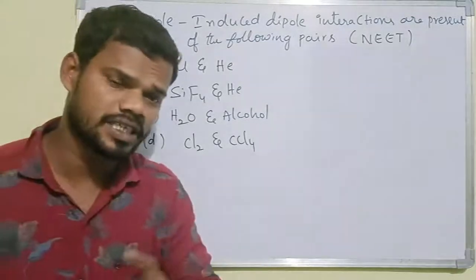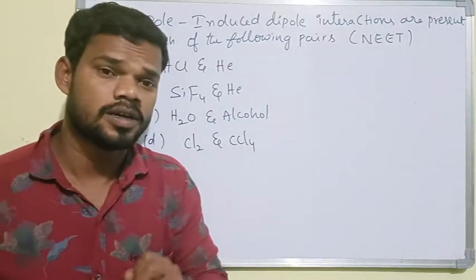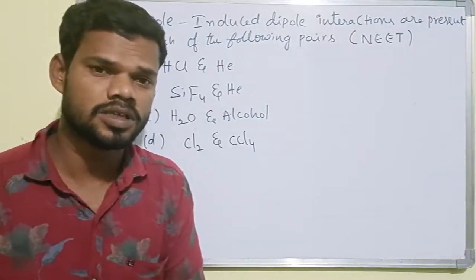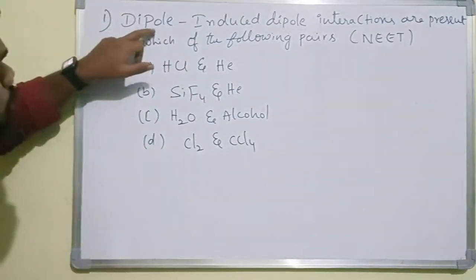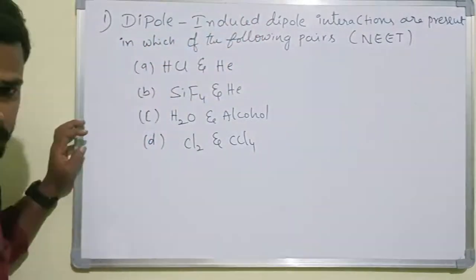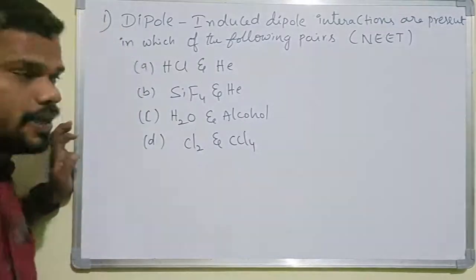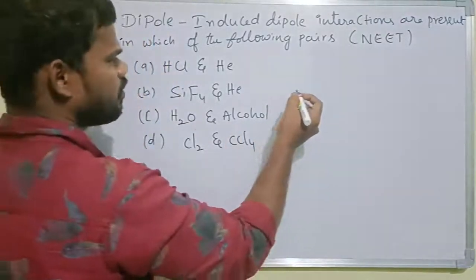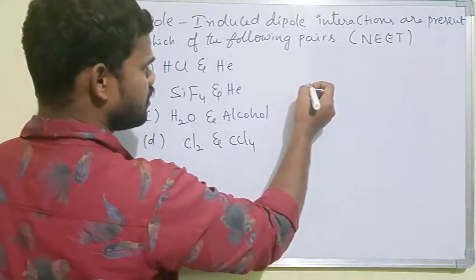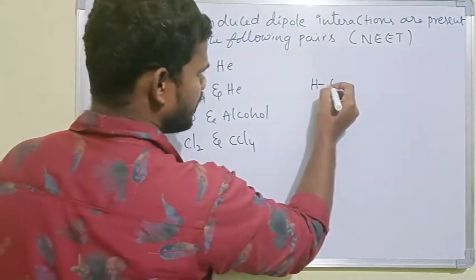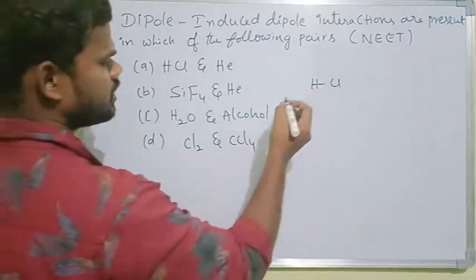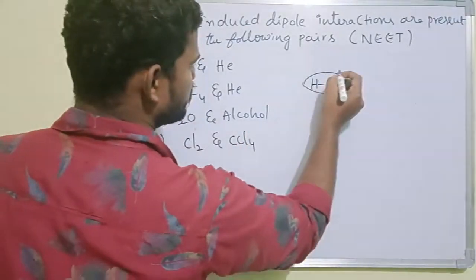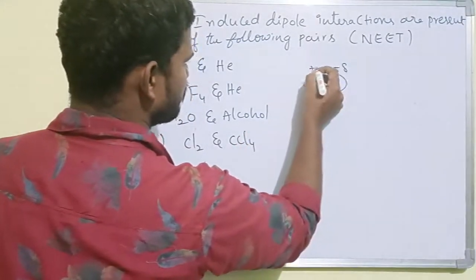In lecture number 1 we discussed different types of interactions, including dipole and induced dipole interactions. A dipole can be formed in a molecule like HCl, which has a partial negative charge and a partial positive charge.